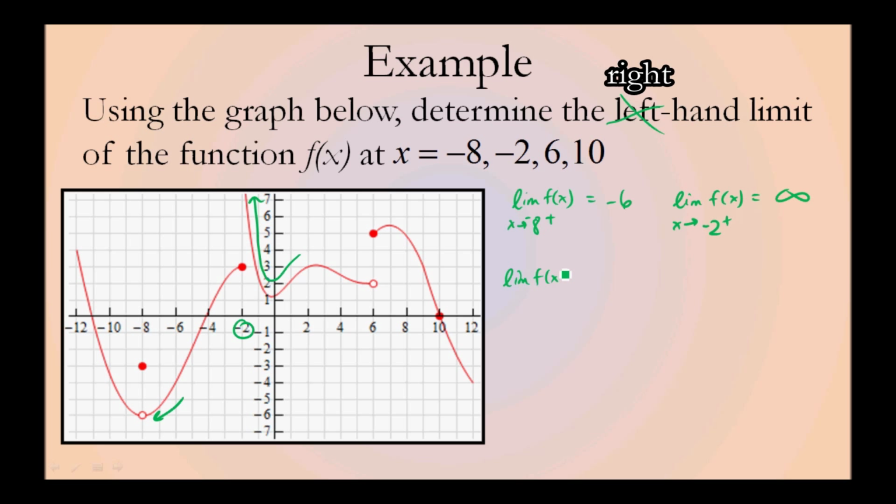Limit of f of x as x approaches 6 from the right. We find 6, approach it from the right. We see that it's approaching 5. And the limit of f of x as x approaches 10 from the right, we get 0.